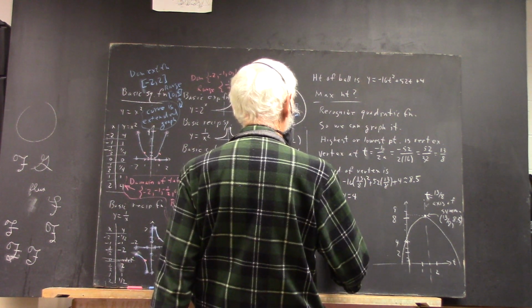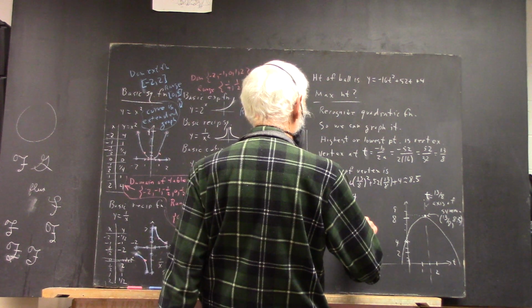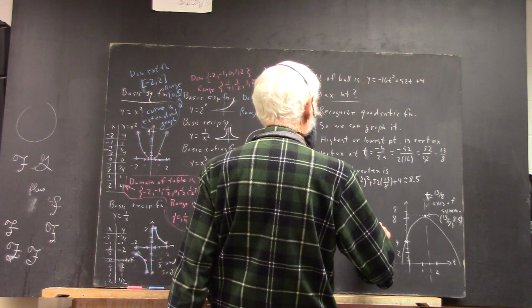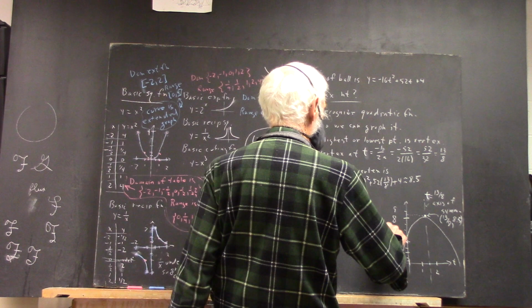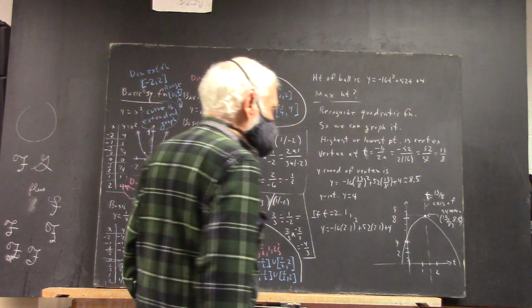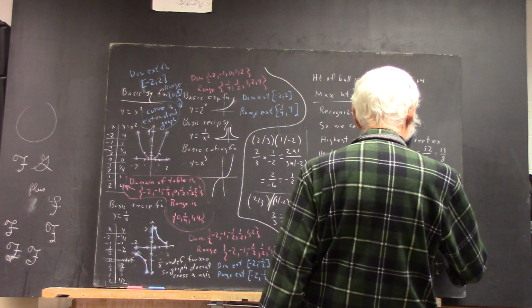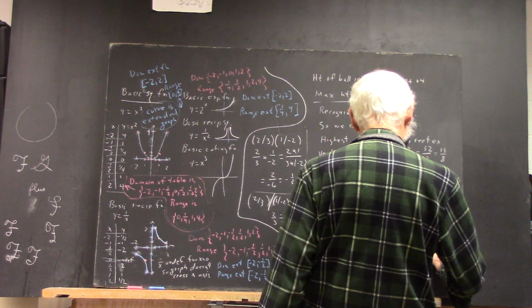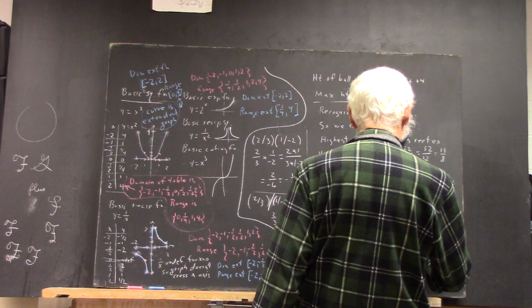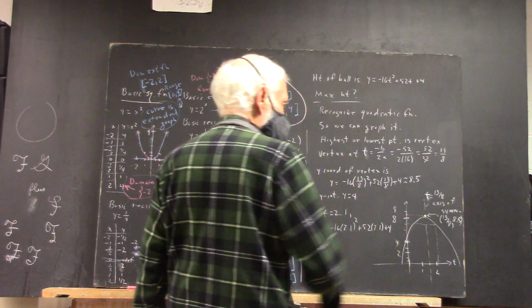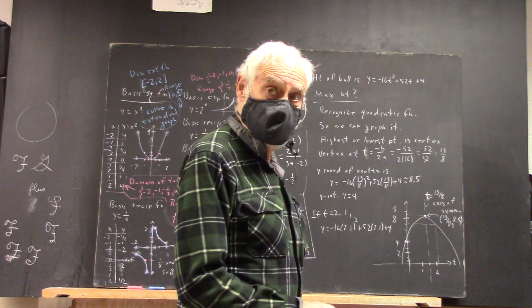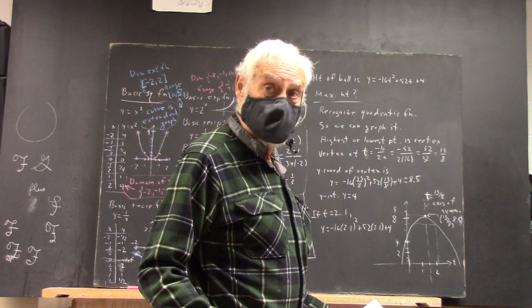Y equals -16 times 2.1 squared plus 52 times 2.1 plus 4. I can estimate this from the graph. 2.1 is about here. So I'm estimating that this comes out a little over 7. And of course, we learned early to make estimates, right?